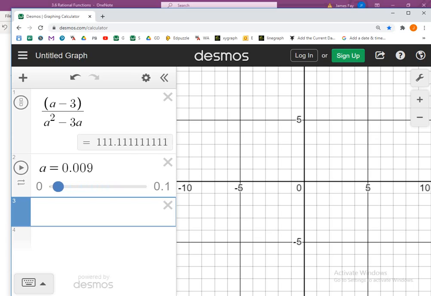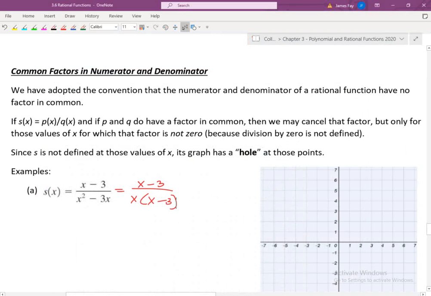I don't know how close I can get, but you can see that it is darting off to larger and larger y values. But at the 3 value, it was not doing that because of the canceling idea. At that value of 3, we have a similar behavior to what the graph of 1 over x would do at 3, instead of asymptote-like behavior. Does that make sense? So if we cancel the common factors, that's what we end up with, 1 over x.